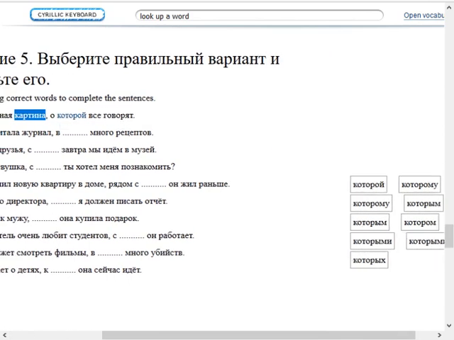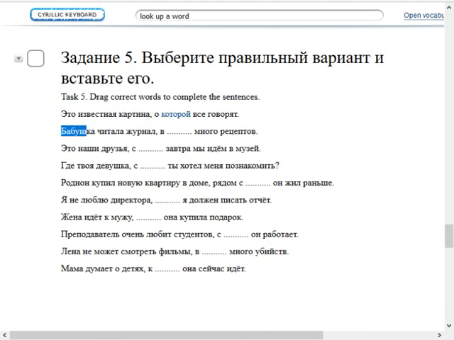О которой. Бабушка читала журнал, много рецептов. Grandma read the newspaper in which there are many recipes.